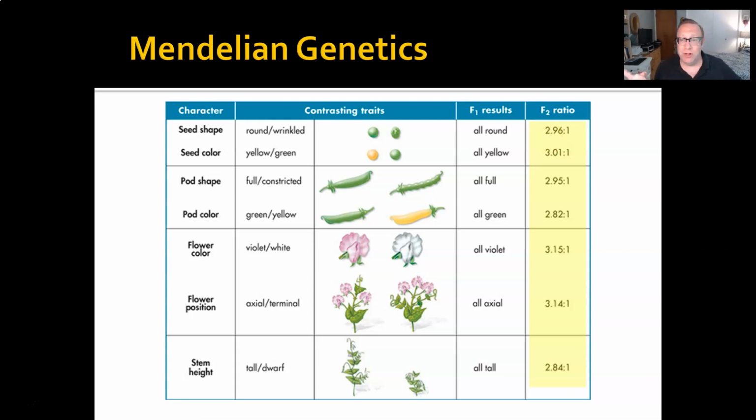You're either going to be one or the other, and when you mix 2 heterozygous individuals together, you're going to end up with this pattern.